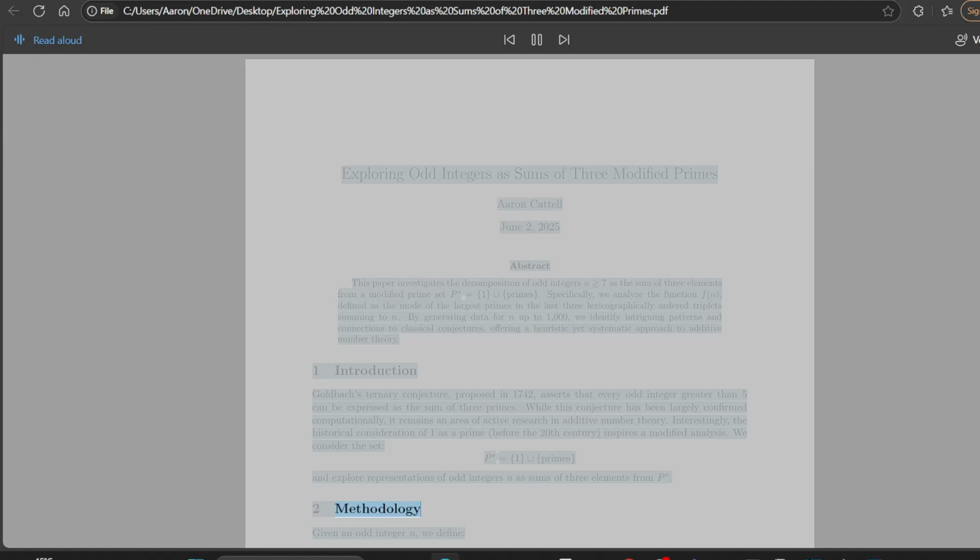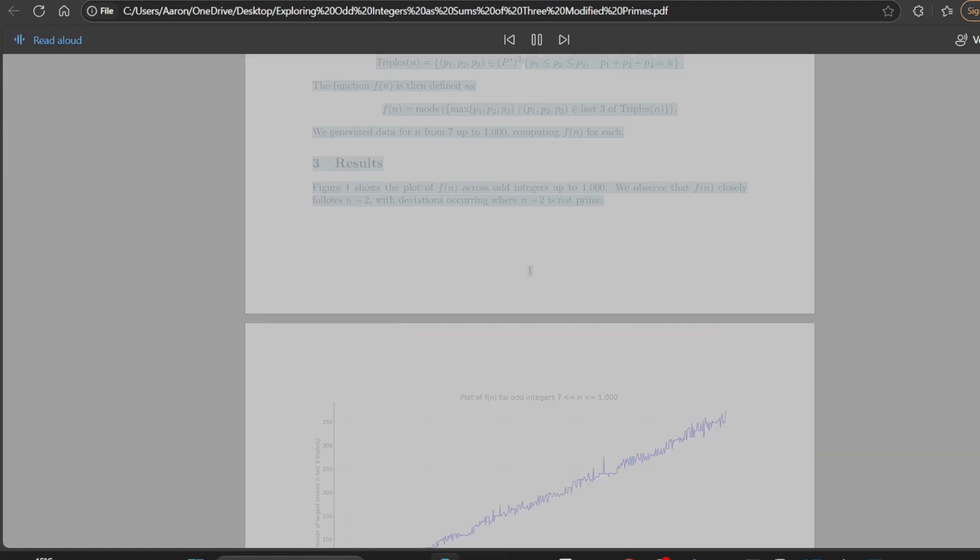Methodology. Given an odd integer n, we define triples(n) = {(p1, p2, p3) ∈ P³ : p1 ≤ p2 ≤ p3, p1 + p2 + p3 = n}.